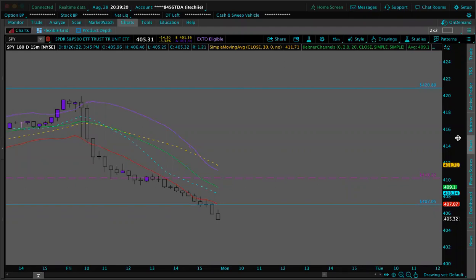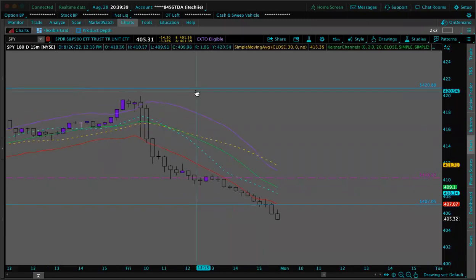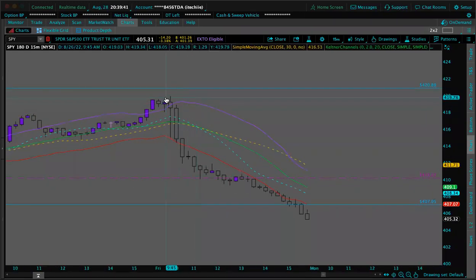This is something I do at the end of the day all the time. I always look at charts, even when the market is closed after the bell, because I like to see the obvious. And the obvious is always there when you look at the charts at the end of the day. 15-minute all day on SPY. Once we broke the lower Keltner, it has not broken above it. It's tested it.